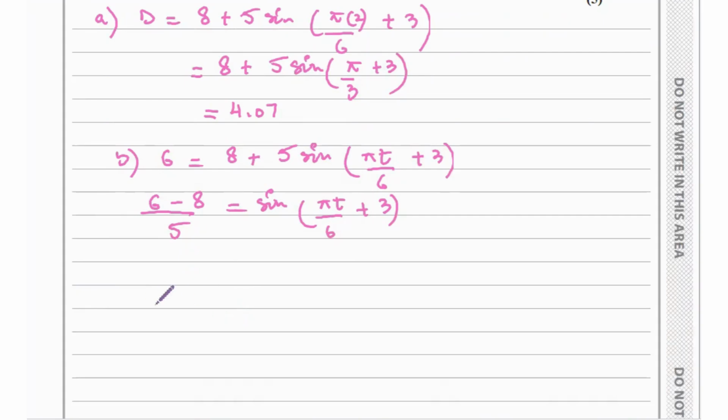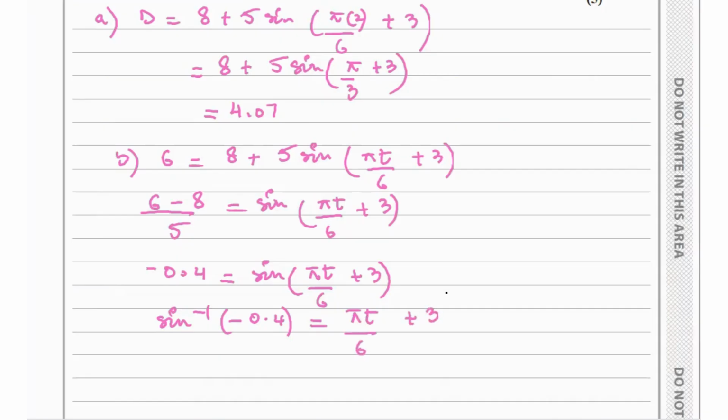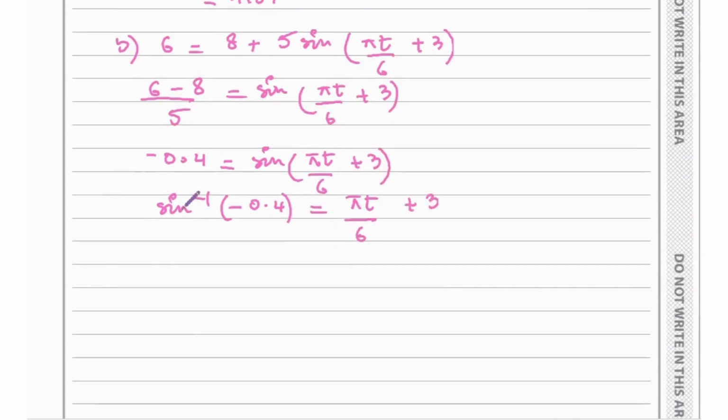That's going to give us a value of −0.4, which is sin(πt/6 + 3). So then we do sine inverse of −0.4 equals πt/6 + 3. So that's going to be −0.41 = πt/6 + 3.